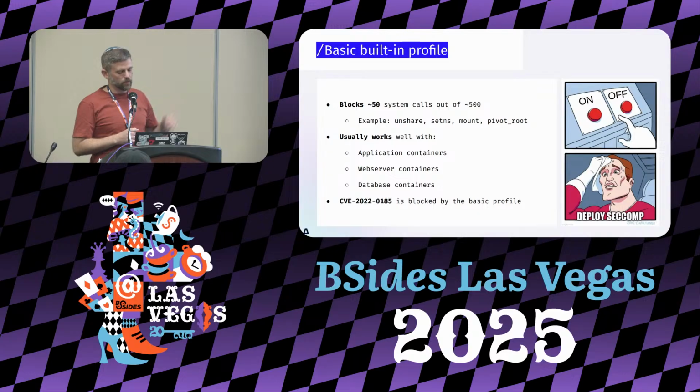Think about mount, pivot root, and stuff like that, which are not used in a normal application. But they are really good things for an attacker to use, right? They were prone to different attacks, and the attacker would love to have them, especially unshare, to exit a containerized environment.